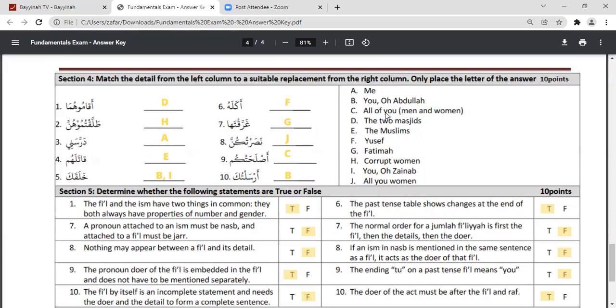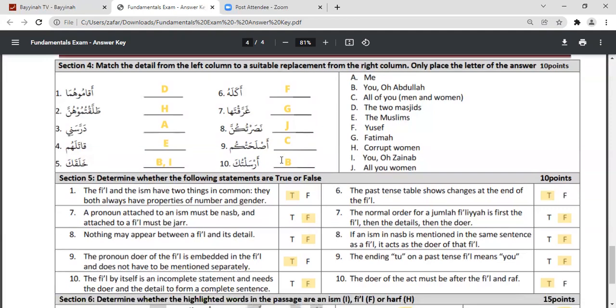So we have only one option, and that is option number C. So 9 will have C, and the 10th, that is arsaltuka. Ka is basically second person singular, and over here it's only B, which is second person singular masculine, right? You, O Abdullah.